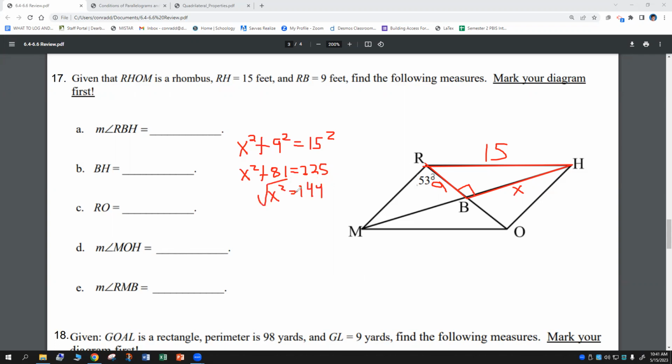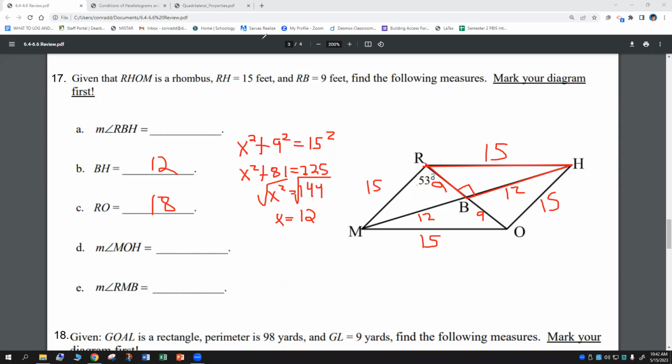And then when you take the square root of both sides to get rid of the square, you get X equals 12, plus or minus 12, but we're not going to use the negative one. So this is going to be 12, which means MB is also 12 and BO is also 9, and then 15, 15, 15. All right, we're just looking for RO though. That's going to be 9 plus 9, which is 18. All right, those are sides.